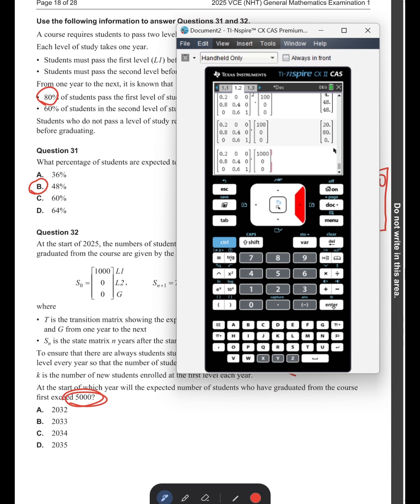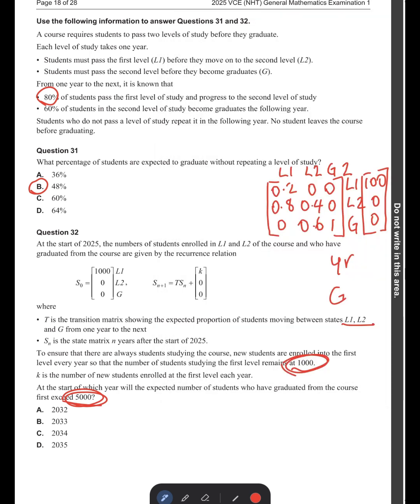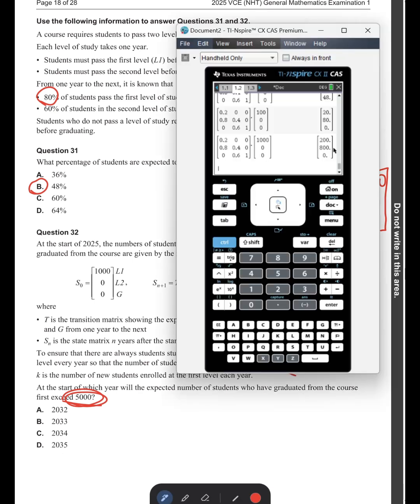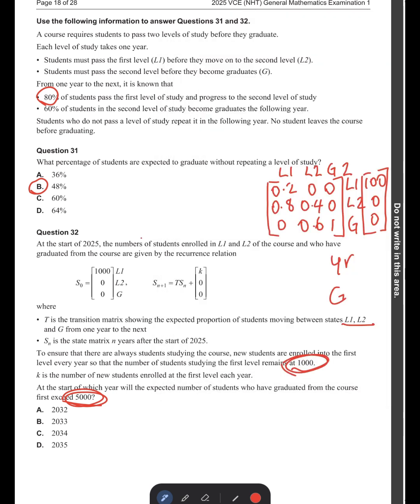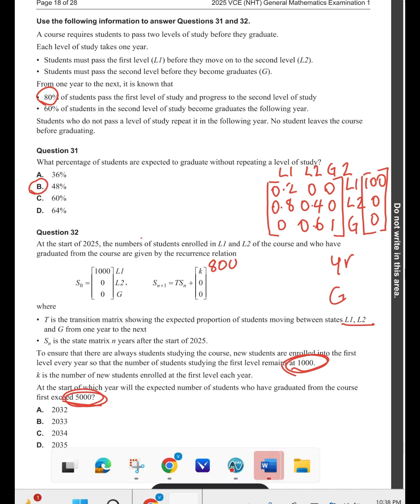Now here we can see that after the first year, 200 people have to repeat, which means that in order to keep it at 1,000, I'm going to have to make my K value 800. So K is going to be 800.